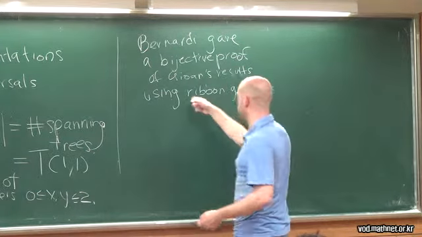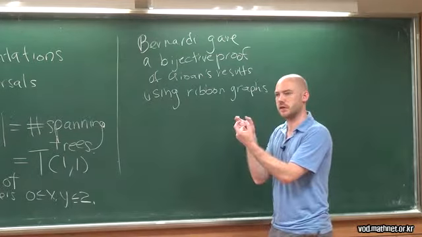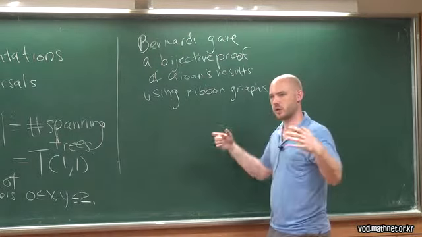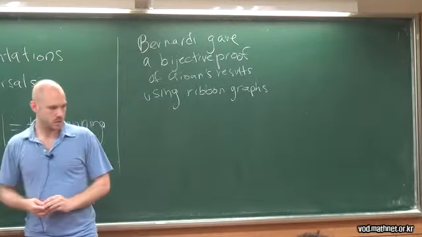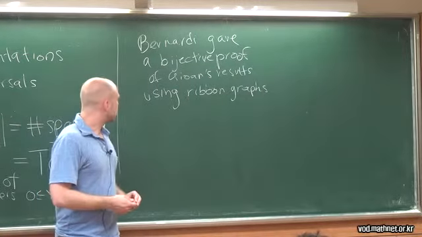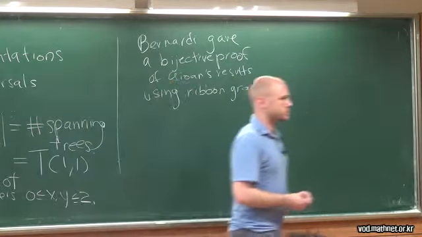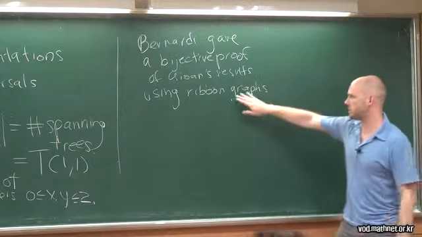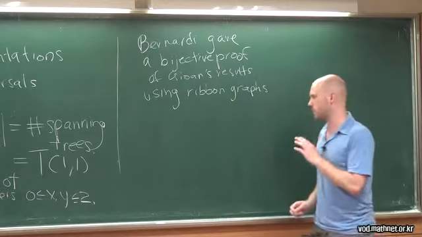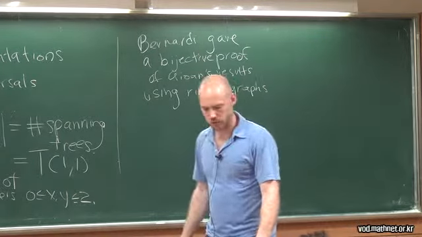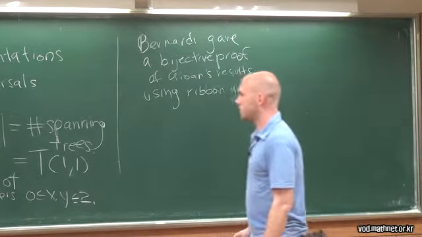The reason why you say ribbon is you imagine a thickening of the edges so that it becomes like a ribbon, and you embed it into a surface. And Bernardi has gone on to use this idea about ribbon graphs relating to the Tutte polynomial in a lot of different ways. Okay, so that's maybe enough about history.